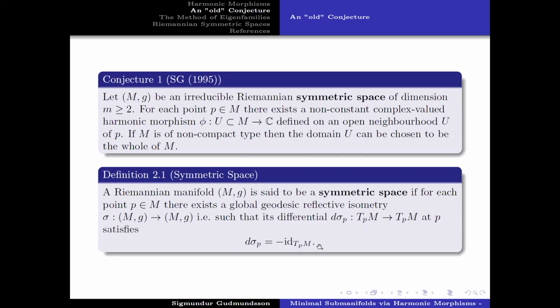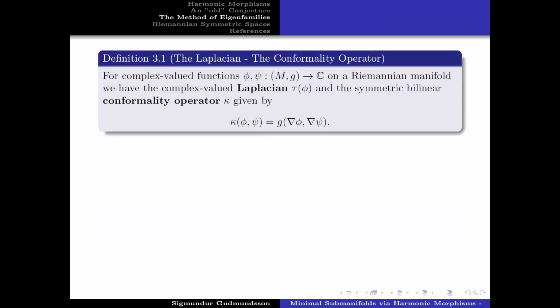So it means it takes a geodesic going through any point to the same geodesic, but running in the other direction. Yeah? I'll come back to this later. So this was my sort of crazy idea. Of course, I had no idea if it was true or not.